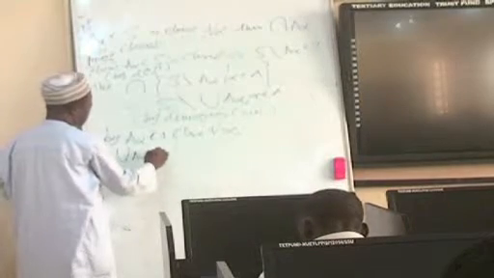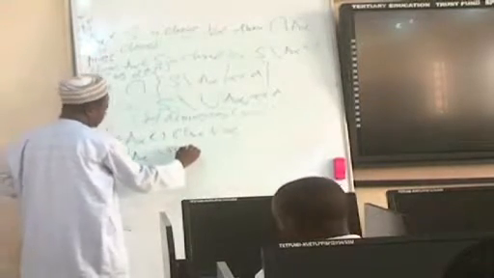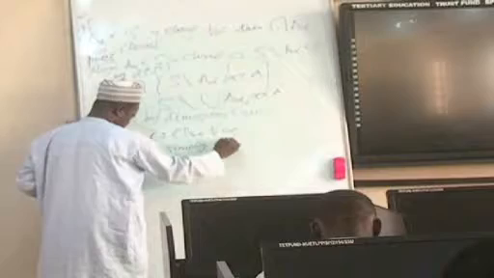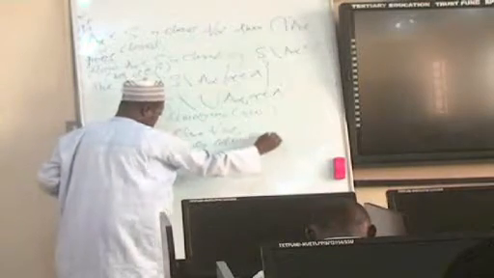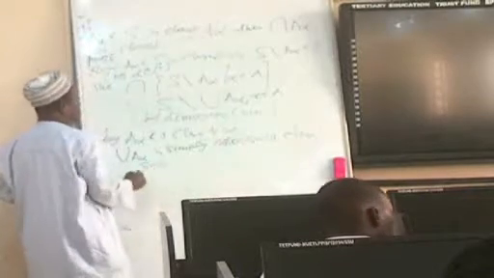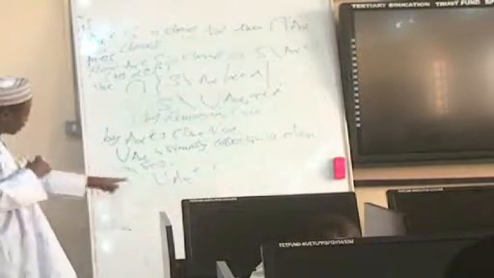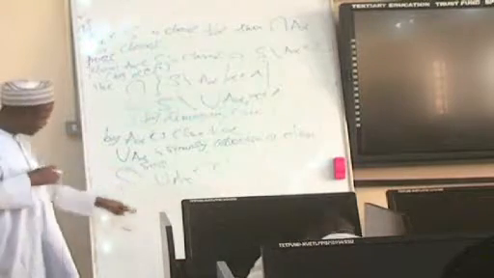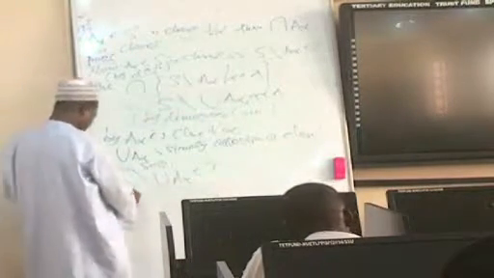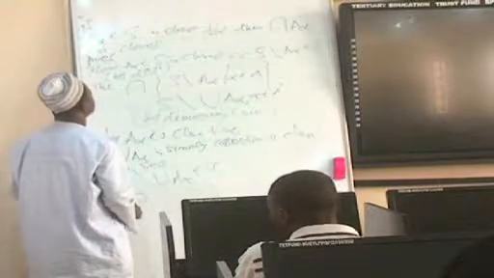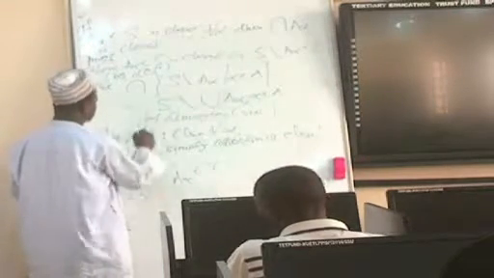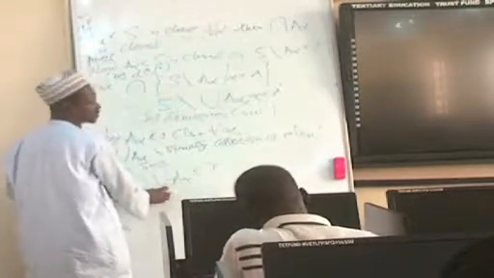The union of A alpha is simply a collection of closed sets. So S minus that is open. And if the complement is open, what does it mean? It means this is closed.